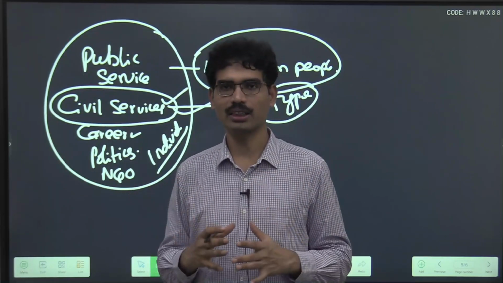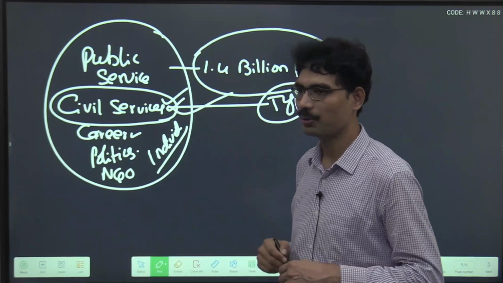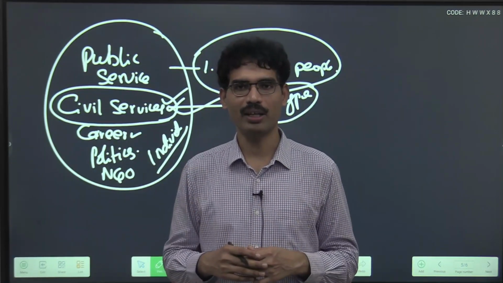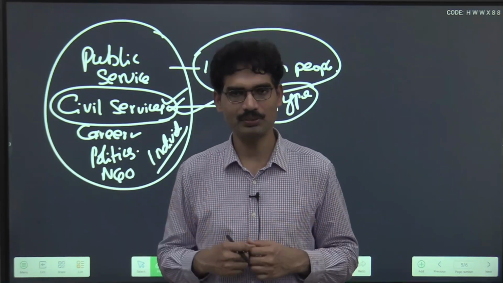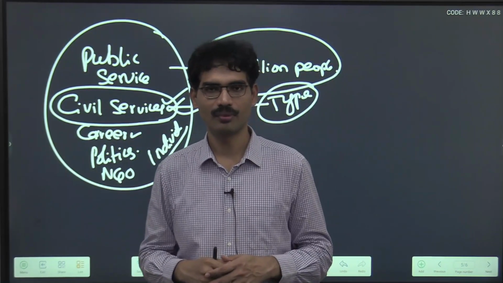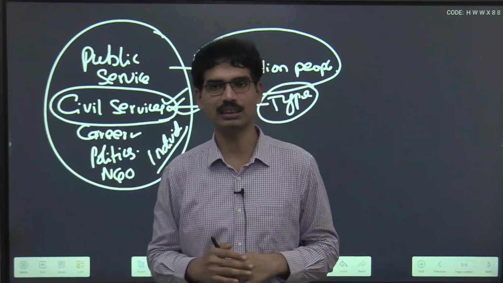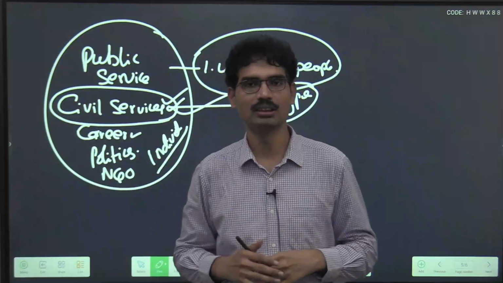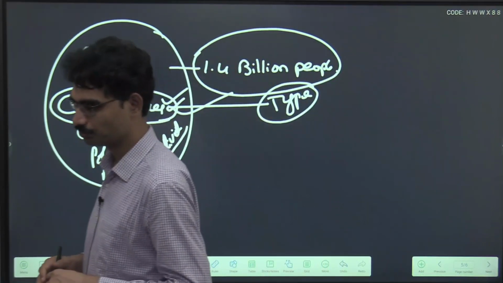Different requirements are there, and all these are going to be handled by different departments of the civil services. But as the population is very huge and resources are very limited, all problems cannot be solved by civil servants. That's where other areas also enter. So civil servants will be part of a bigger system where we use the term public service to include larger sections of the people. That's how we need to understand it.